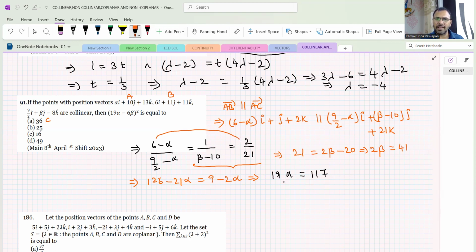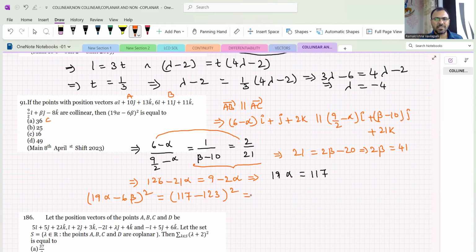We got 19 alpha equal to 117. So what is 19 alpha minus 6 beta whole square? This is equal to 117 minus 123, that is into 3, 123 whole square.